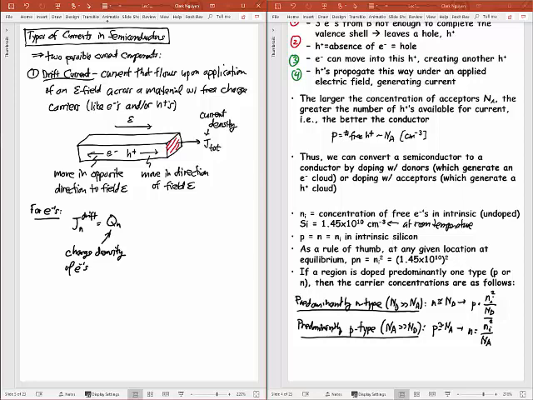And since that's a density, I'm going to make that charge per cubic centimeter. Okay, I'm going to take that charge density and then multiply it by the velocity of the electrons. So that V is not voltage, but it's the velocity of the electrons. And that's going to be, as all velocities should be, in some kind of length per time, so centimeters per second in this case.